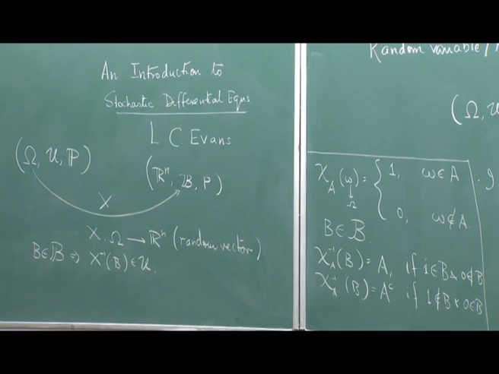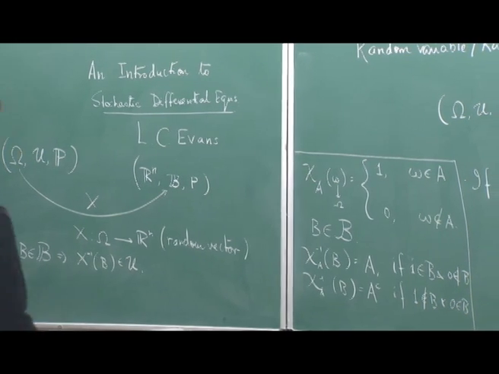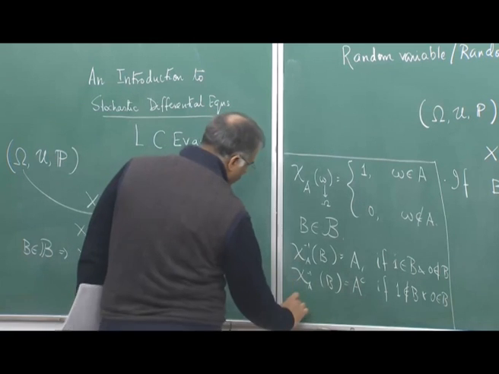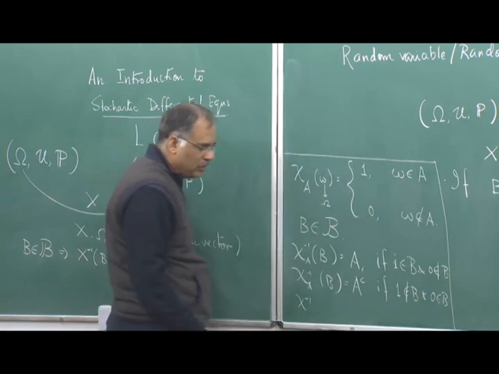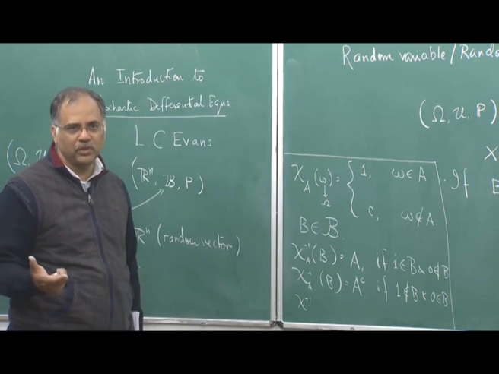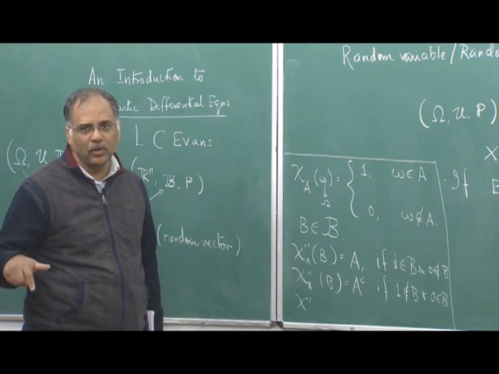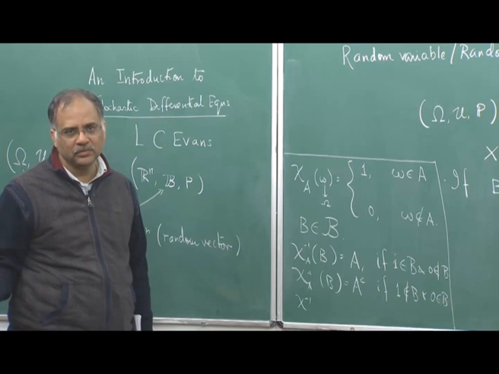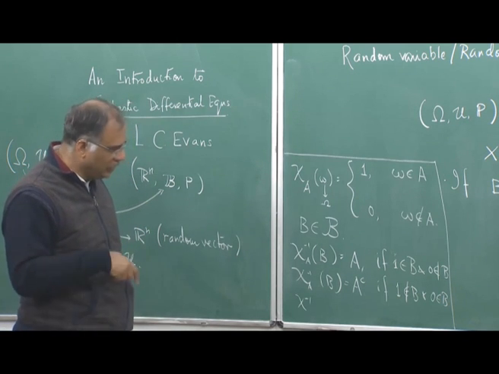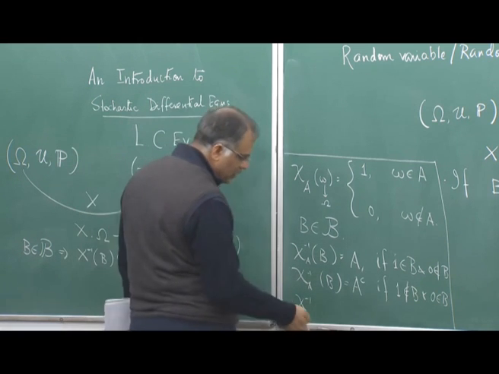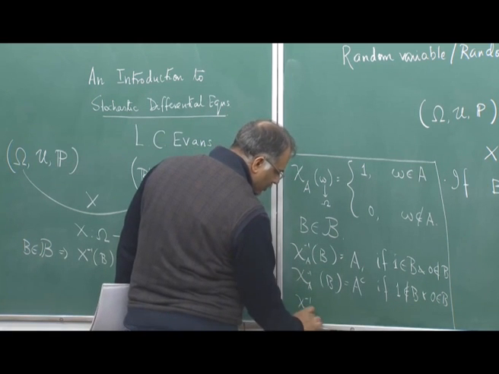Then it will become A union A complement, and that is also again in U. Whichever way, if 1 is not in B and 0 is not in B, then it is the empty set, the complement of A union A complement. So, that will again be in the sigma algebra. So, you can try out.